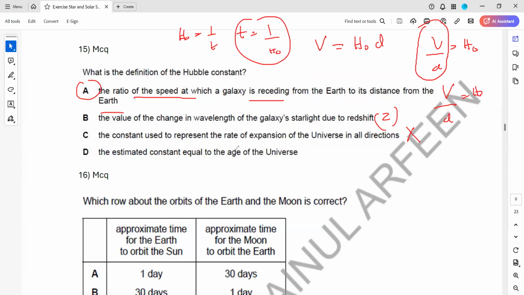It should be the reciprocal of the age of the universe, because the Hubble constant is 1 over T. So it's not equal to the age of the universe, it's the reciprocal. This statement can be correct if it was written estimated constant equal to the reciprocal of the age of the universe. So this statement is also wrong. That's why A is the right answer.